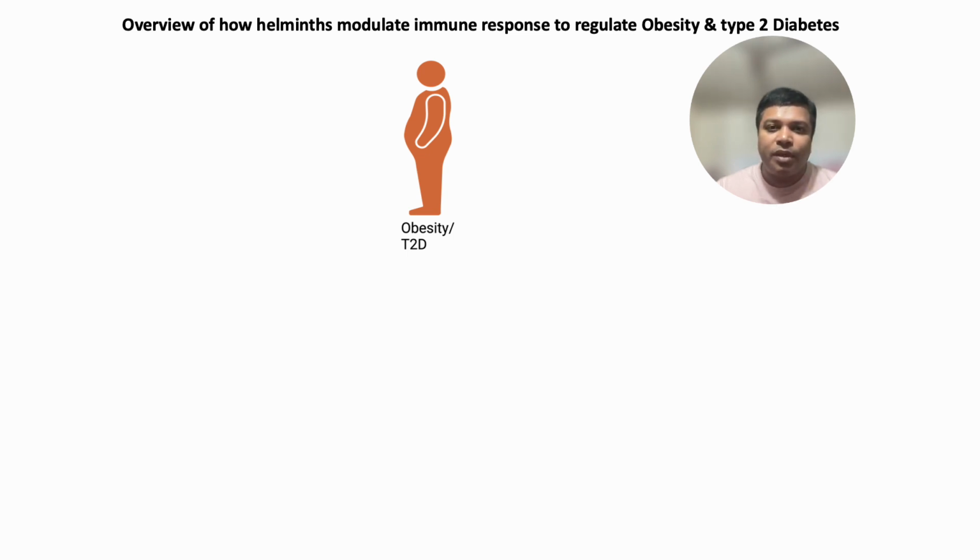When a person eats a lot of high caloric diet, especially high fat or high sugar diet, the excess energy is deposited in our body as fat, and when the fat deposition is excessive, it's called obesity. Obesity and type 2 diabetes, here T2D, are very much interlinked. I will discuss that in detail later.